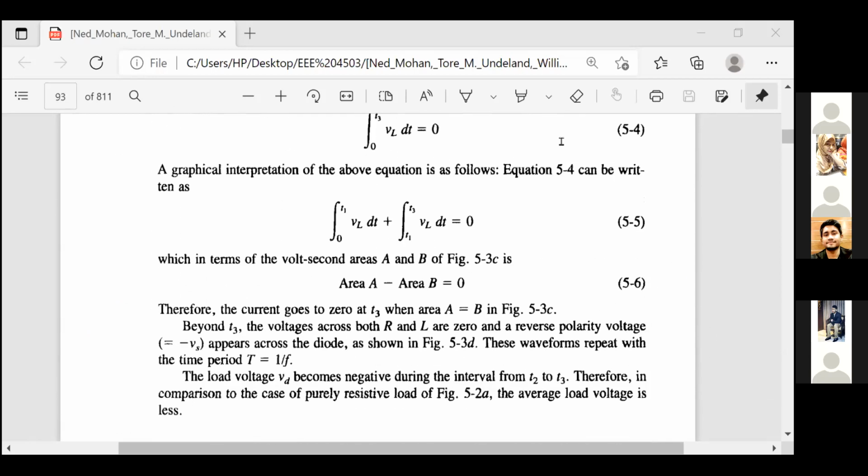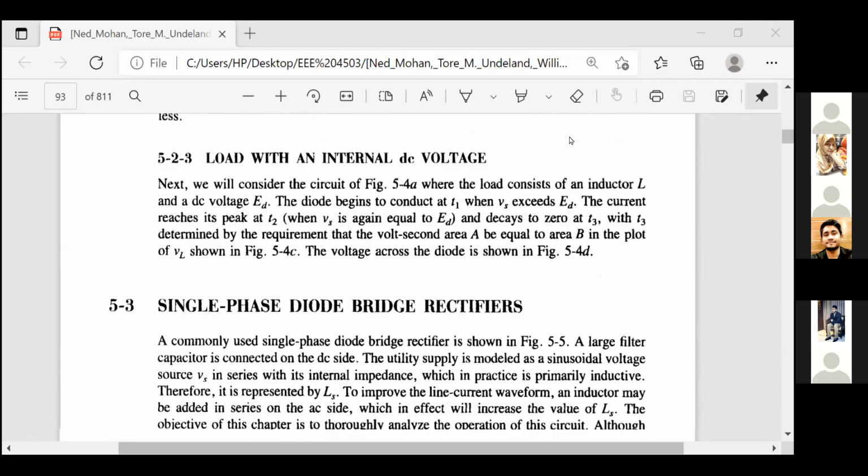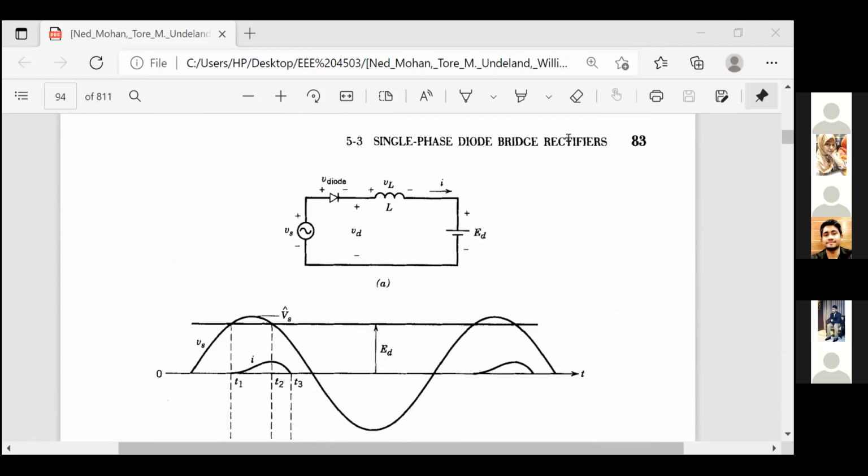And now if we think about a constant voltage source as a load here. This is the L that may come from the source, or there could be some inductance there. And this is a voltage source as a load. Then Vs equal to, say, Vm sine omega t.